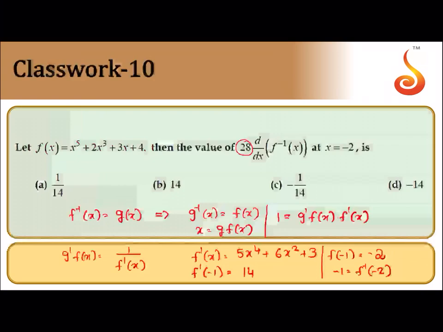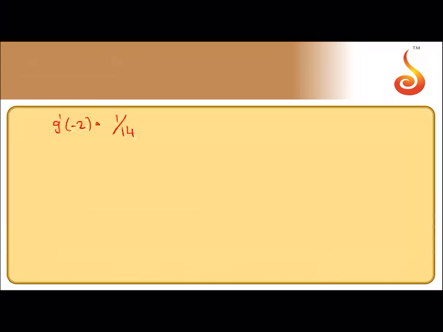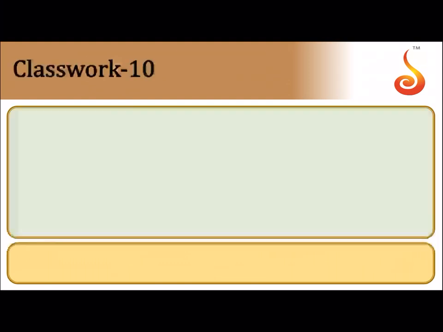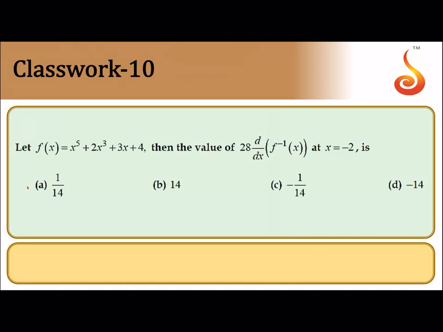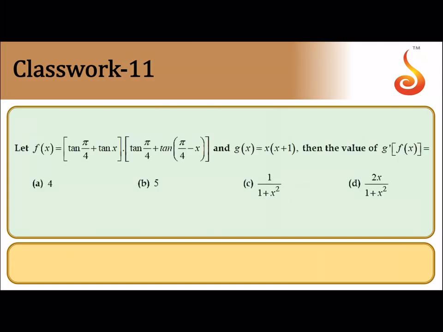So clearly what we get is g dash of minus 2 is equal to 1 by 14. Because you can see here f dash minus 1 will give you 5 plus 6 plus 3, which is equal to 14. So g dash minus 2 is equal to 1 by 14.